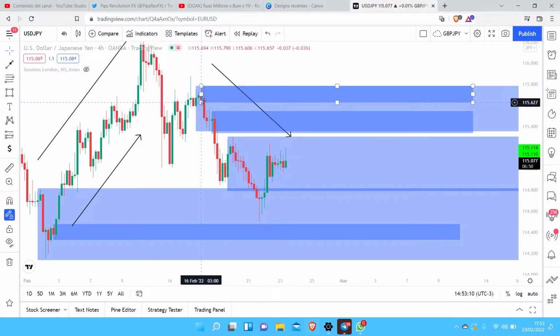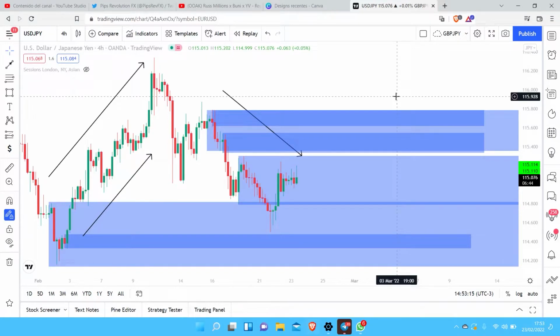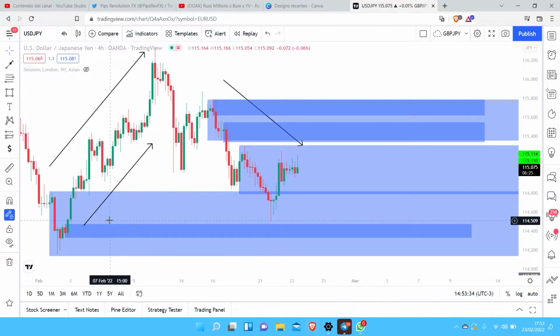So as you can see, in the daily time frame and the 4-hour time frame I have some confluence. In the daily time frame I saw the impulse movement to the upside, and I saw the impulse movement to the upside too. There's confluence in this zone. Right now in the current bearish movement, I see some confluence.